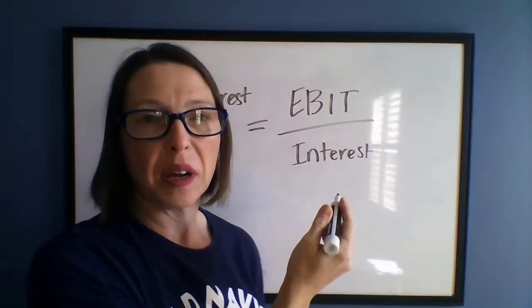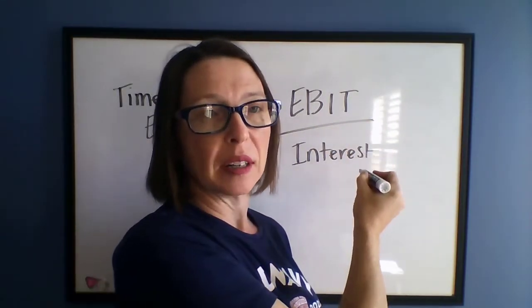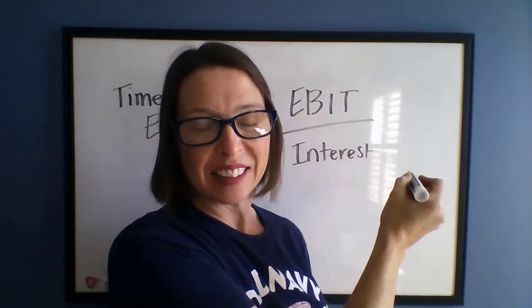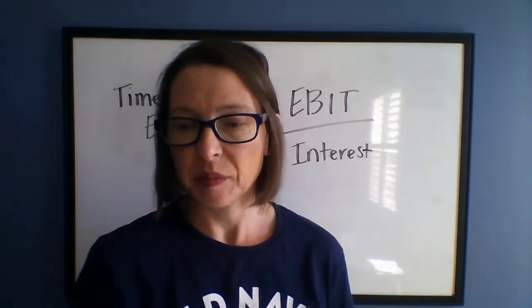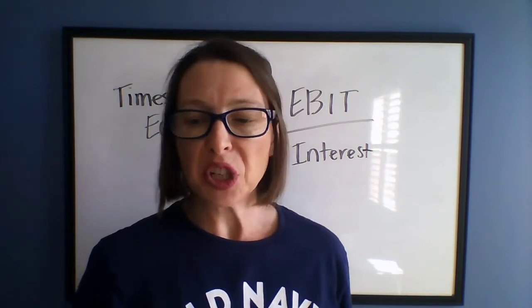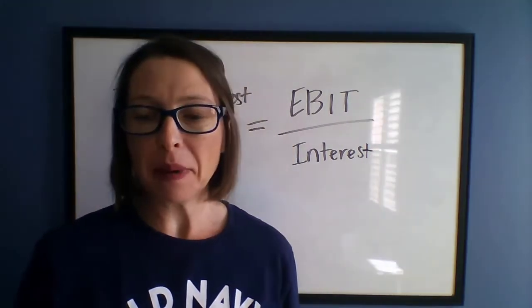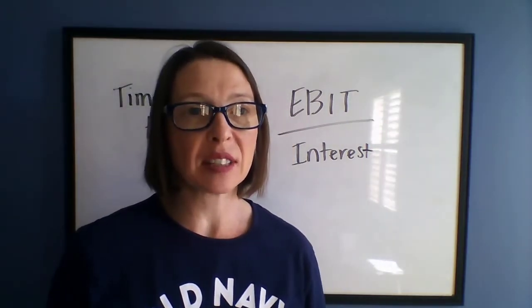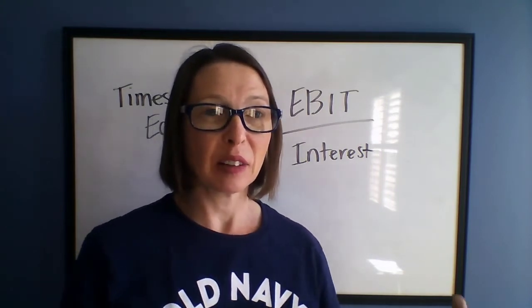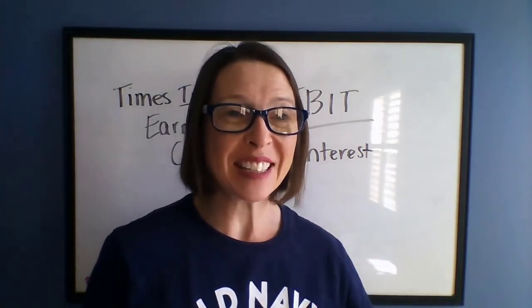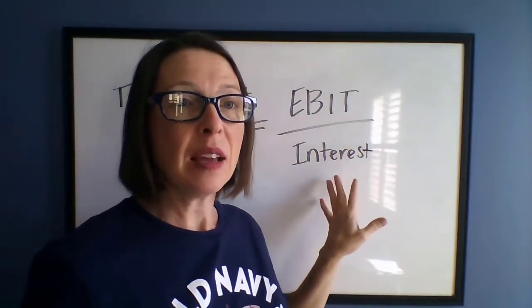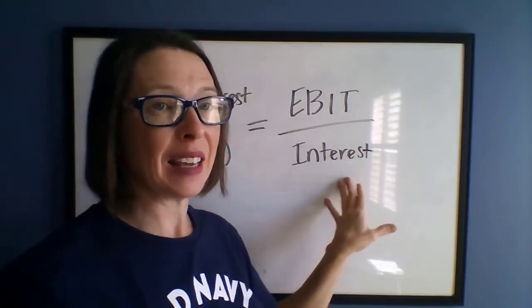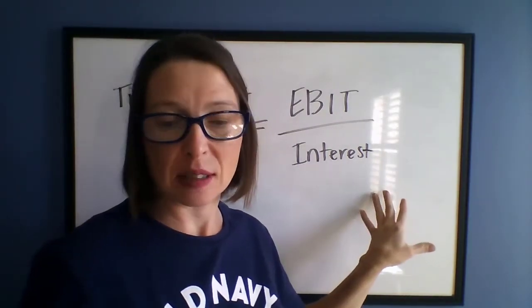If you want to recall what EBIT is, it's earnings before interest and taxes, and we're going to divide it by the interest. This ratio measures how well a company has its interest obligations covered. As corporations take on debt, they still have to make interest payments, so creditors want to make sure that their money and their interest are paid as well.